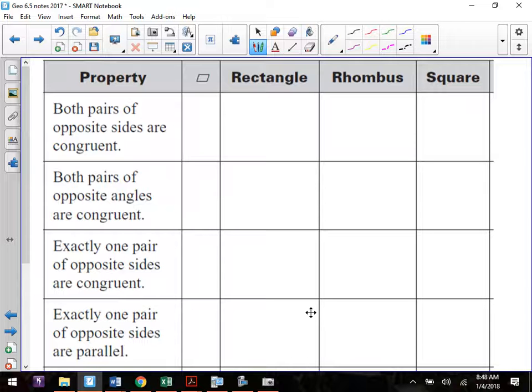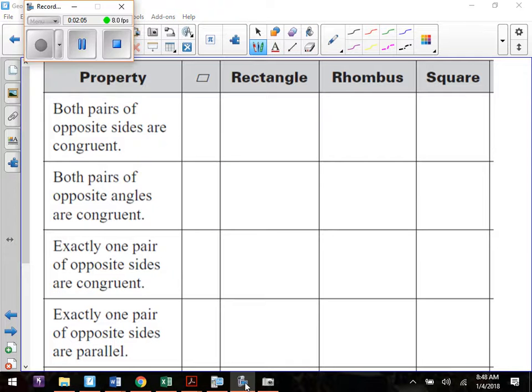And let's go on some check marks and stuff. What this means is, as you go through it, what shape has both pairs of opposite sides congruent? And just put a little X into each one of them that has that. Take a couple of minutes and do that, and we'll go back.